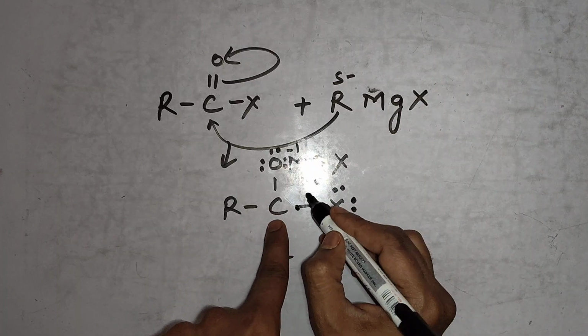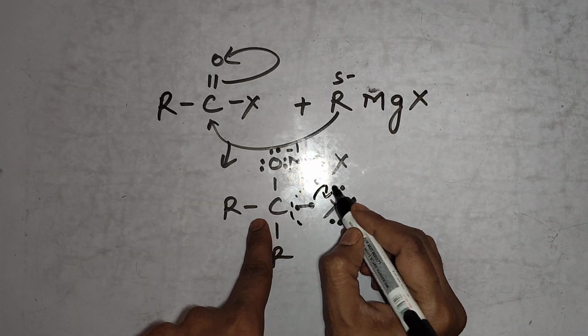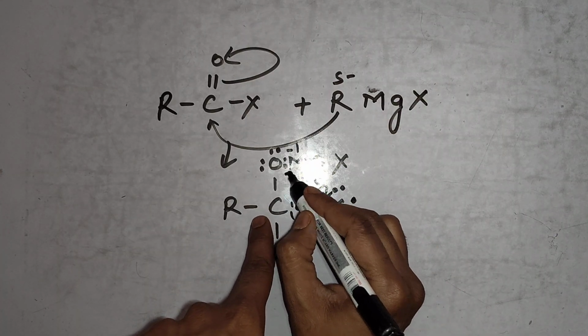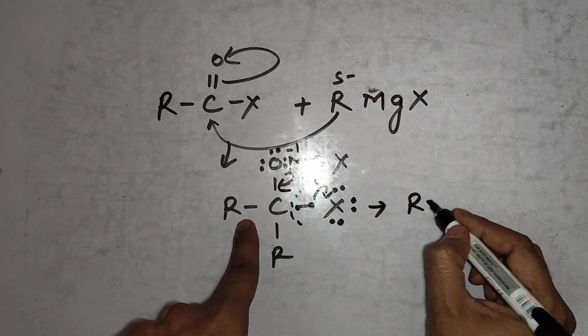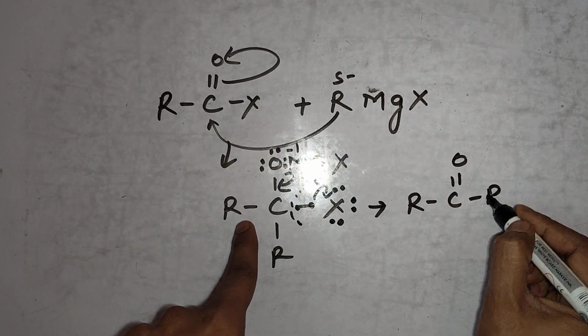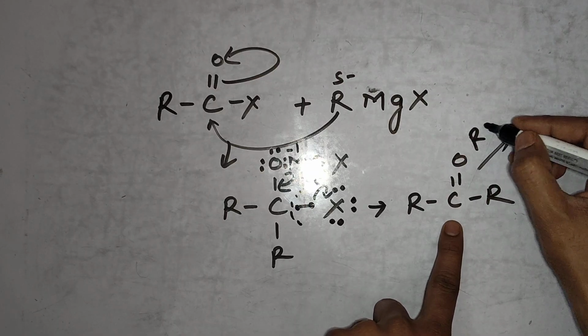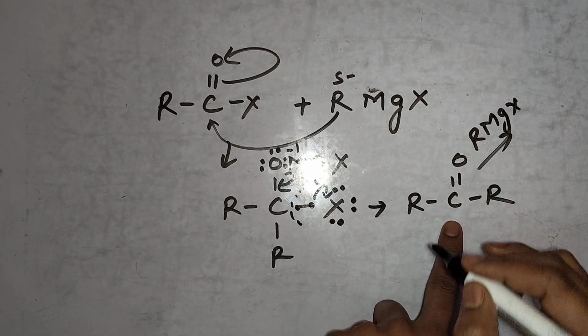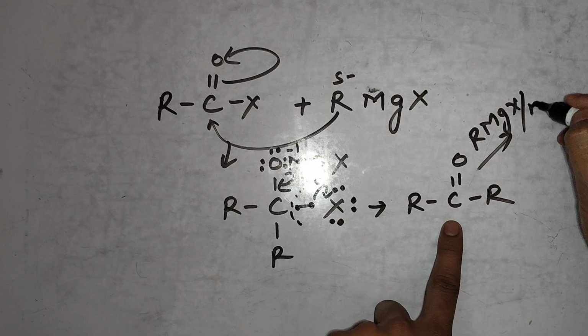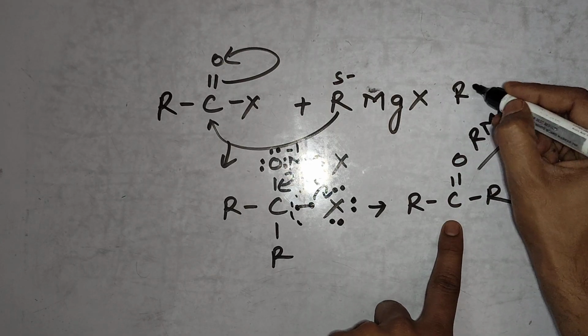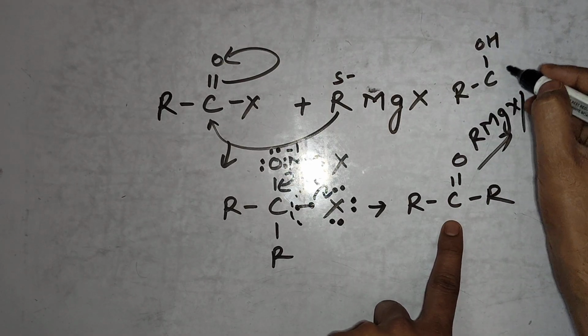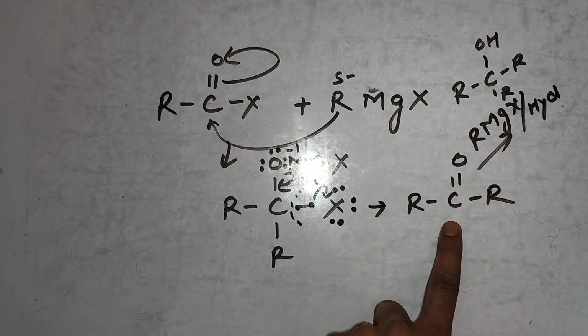Again, the same process will happen. X will get eliminated out and the vacant orbital will be satisfied by oxygen. Again, you will get ketone first. And this ketone will react with another molecule of RMgX to give us, followed by hydrolysis, 3-degree alcohols.